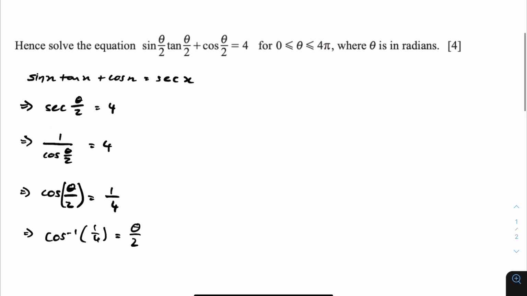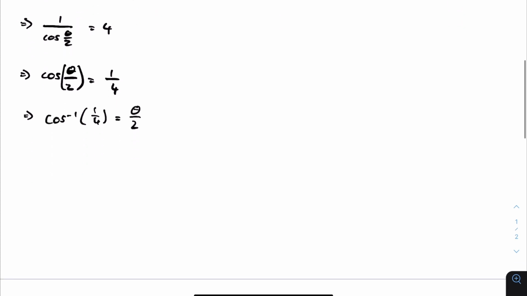If we look over here, it's in radians, because 4 pi represents radians. So we're going to get our calculator out. The inverse of cosine of 1 over 4 is equal to theta over 2, which is approximately 1.32. So therefore, theta is equal to 1.32 times 2, which is about 2.64.